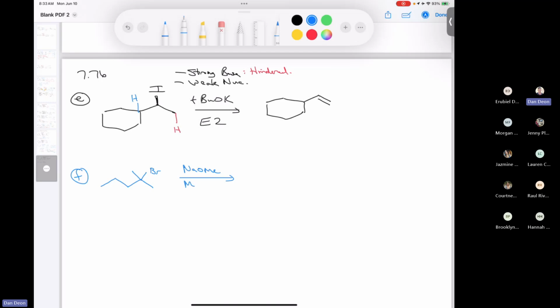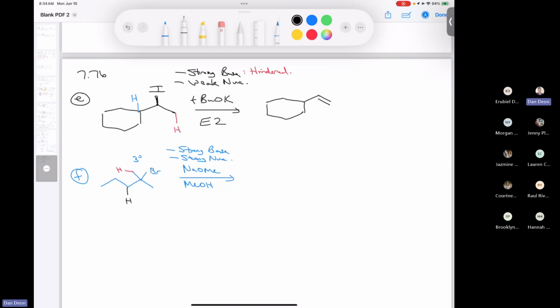And they gave us a solvent, which is neither here nor there, but we have a tertiary alkyl halide. Remember that methoxide is a strong base. It's also a strong nucleophile, but we have a tertiary alkyl halide here, and so the elimination mechanism is going to predominate here. We got two types of beta protons. We have this one here, and then we also have this one here in black.